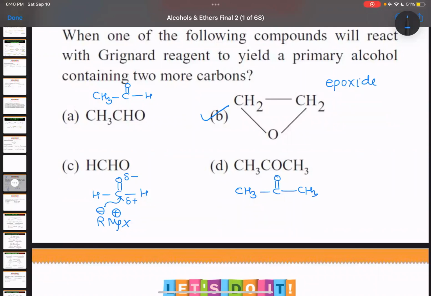Oxygen is electronegative, so carbon is positive, so R minus is going to come and join itself to the CO. And because carbon can make only 4 bonds, you need to remove one of the pi bonds and put the electrons of that bond on oxygen, so oxygen will become minus.